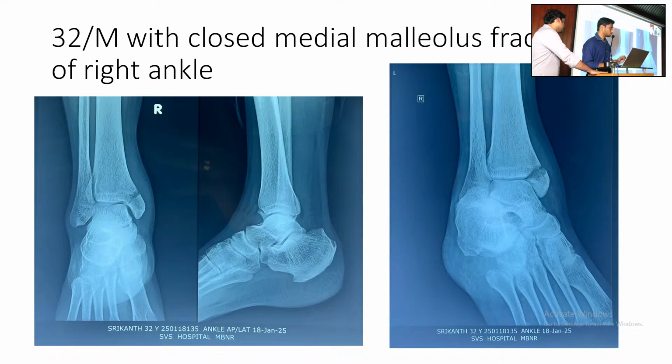The periosteum which is torn from the distal fragment gets infolded. Infolding of the periosteum acts as a soft tissue interposition. So in such fractures, it is mandatory to open it up, clear the periosteum, and then fix it.